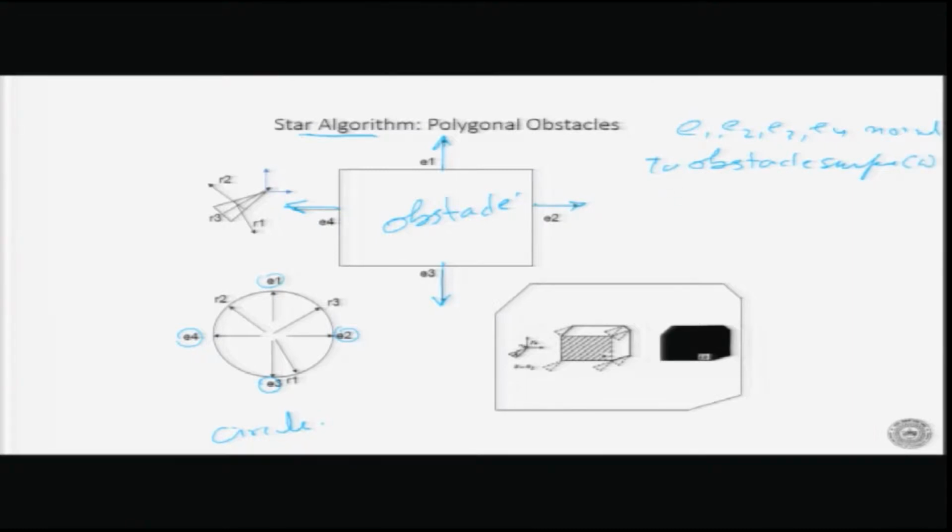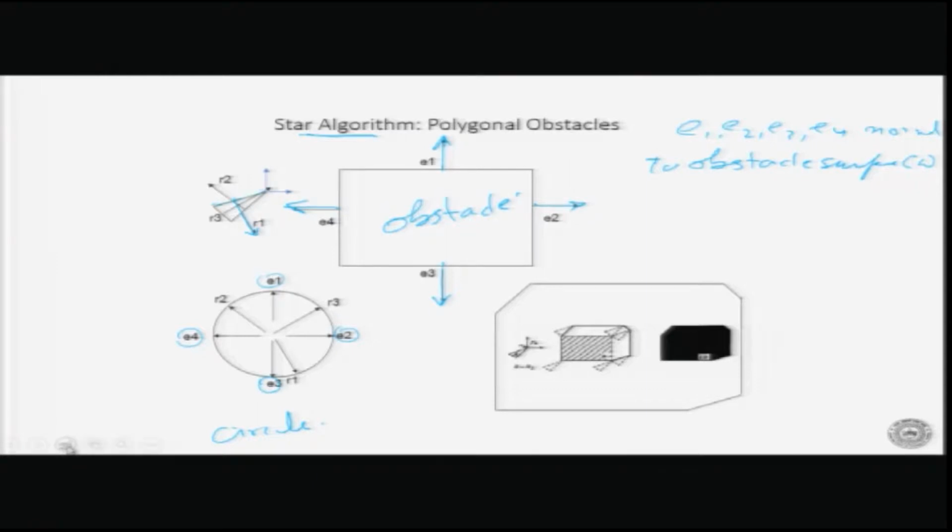So, I have marked the normals, then in the circle you mark E1, E2, E3 and E4 in clockwise direction again. Then what we do is we go to this triangular robot and we see where the normals corresponding to each of the surfaces are. So, I am going to draw one normal here. R1 corresponds to this surface, which is this one, it is in this direction. So, it is normal to this surface.